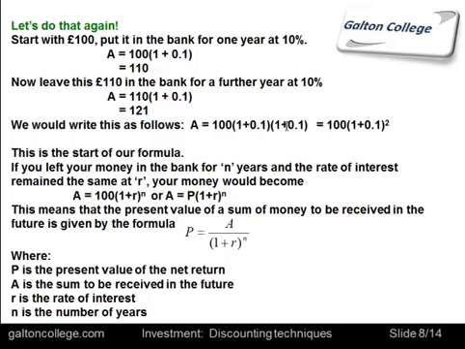That term and that term are identical. So when we multiply them together, it becomes a square. This is the start of our formula. If you left your money in the bank for n years and the rate of interest remained the same at R, your money would become A equals 100 times 1 plus R to the power of n.